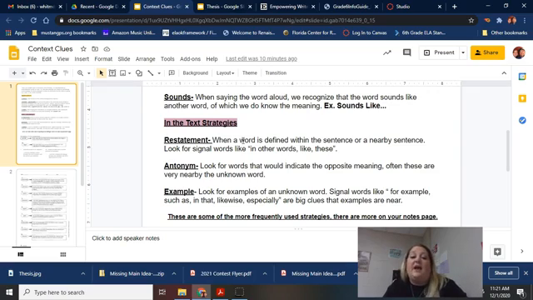Now, the other strategies that I have for you is the restatement. So that's when a word is defined within the sentence or a nearby sentence, or they've just said it a different way. So I often do that when I'm teaching you guys. I will say something like, make sure you use plenty of punctuation in your writing. Make sure you use periods, question marks, commas, all of those things.